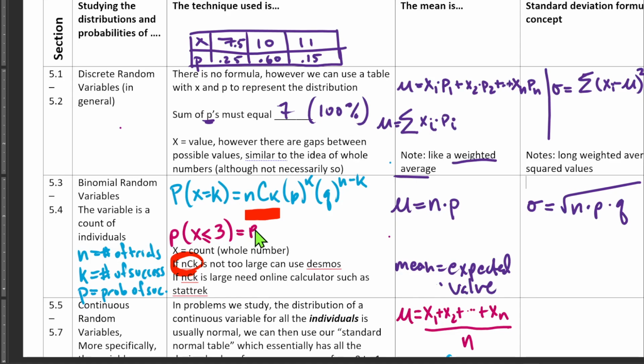Well, you would have to do the probability that x equals 0 plus the probability that x equals 1 plus the probability that x equals 2, because you don't care whether it's 3 or lower, so it could be any of these, plus also the probability that x equals 3. And each one of those requires its own calculation. And so that's important to bear in mind.